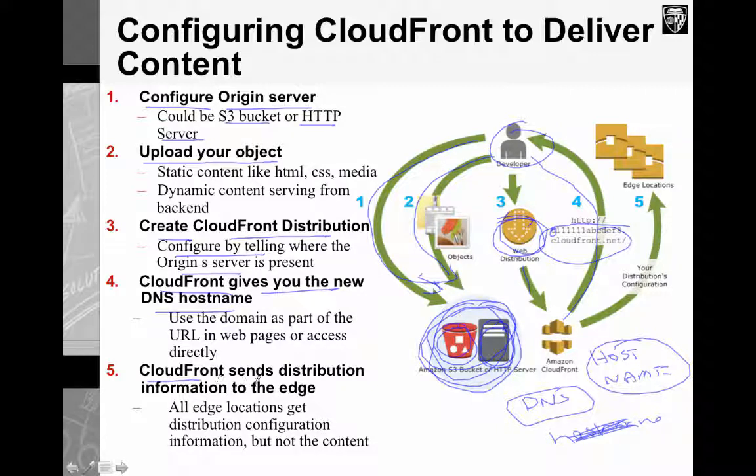In step 5, CloudFront sends the distribution information to the edge. Finally, CloudFront says, okay, I'm going to go ahead and send all the configuration information to the edge locations. And if there are 30 edge locations, it's going to send the configuration information to all the edge locations. Please note that it is not going to send the content. It only sends the configuration information to the edge locations.